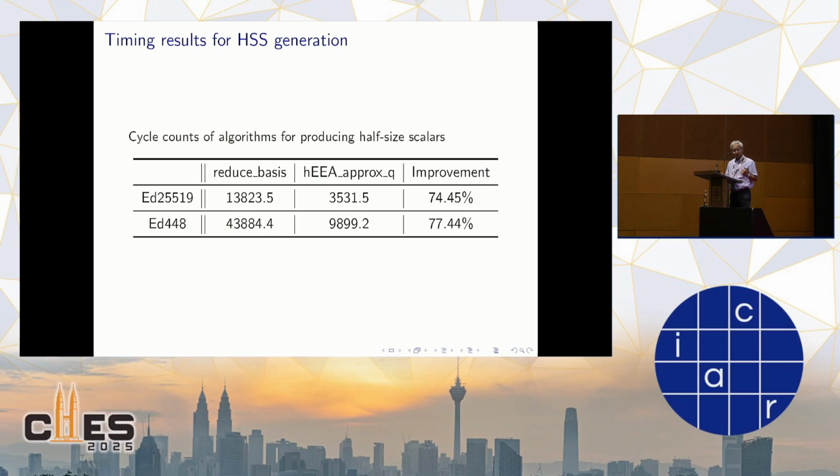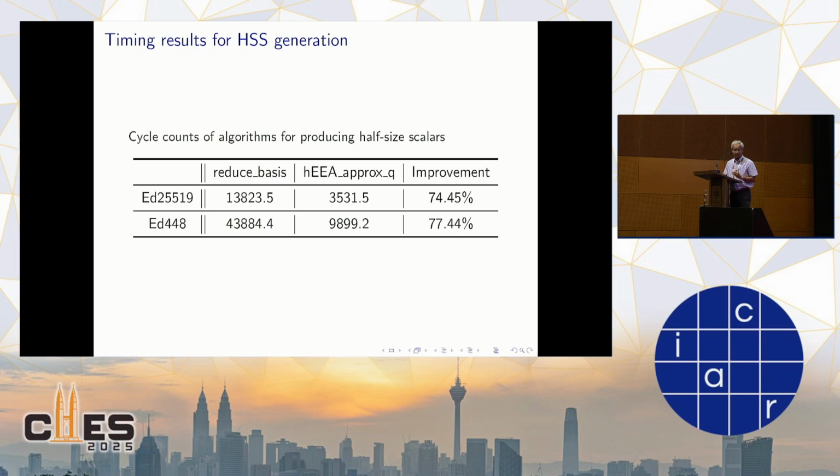So this table shows the cycle counts of these two algorithms for those two curves, Ed25519 and Ed448. And these tables indicate the cycle counts for those three algorithms. The rightmost column indicates the improvement. What you can see here is that, compared to the reduced basis algorithm, the approximate-Q-based half extended Euclidean algorithm is much more efficient, it takes a lot fewer cycles.